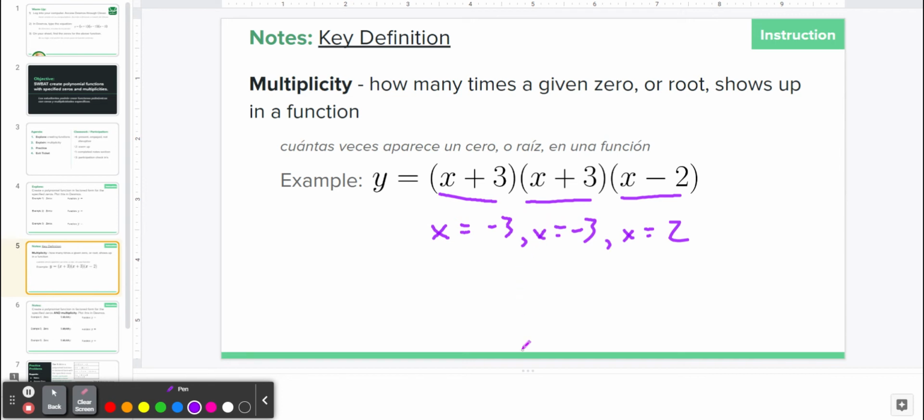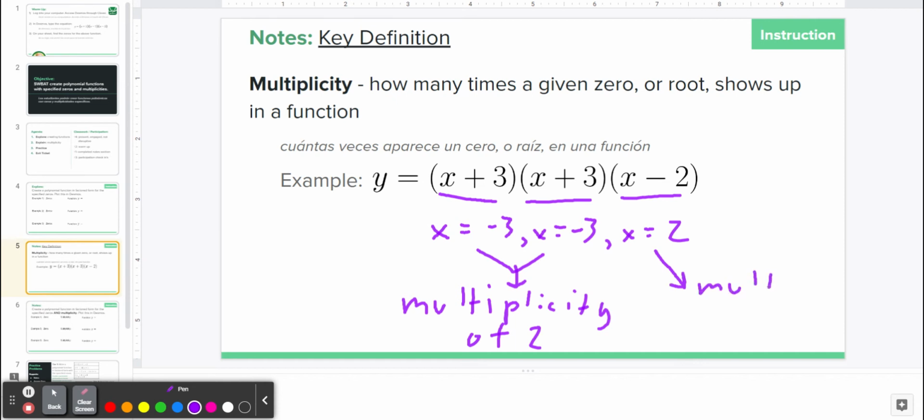So we can say that this has a multiplicity, I have a difficult time writing this out on my touch screen, of 2. Shows up twice, so it has a multiplicity of 2. Meanwhile, the zero x equals 2 has a multiplicity of 1. Okay, we're simply figuring out how many times that shows up.